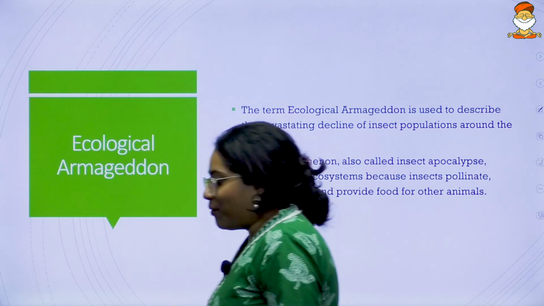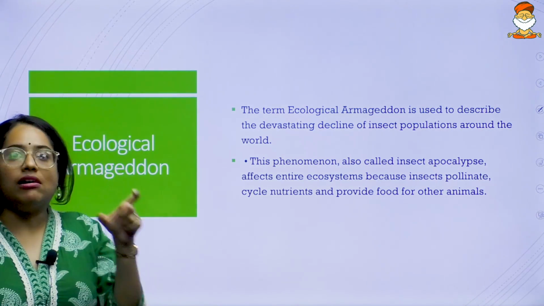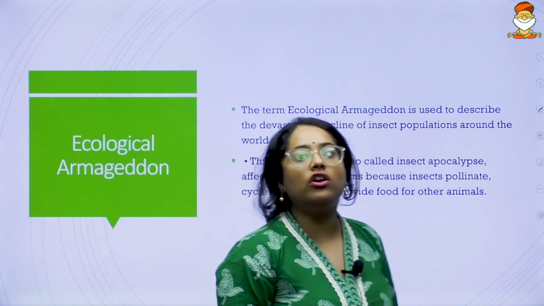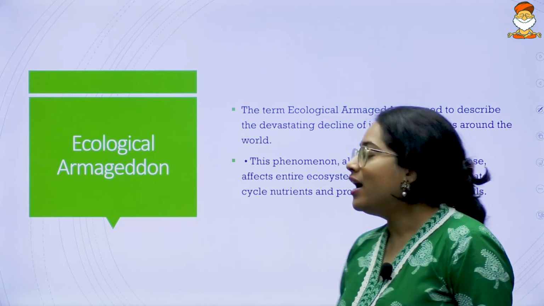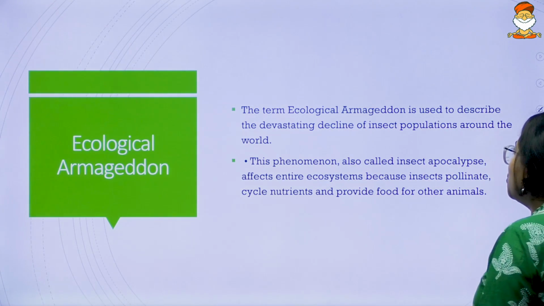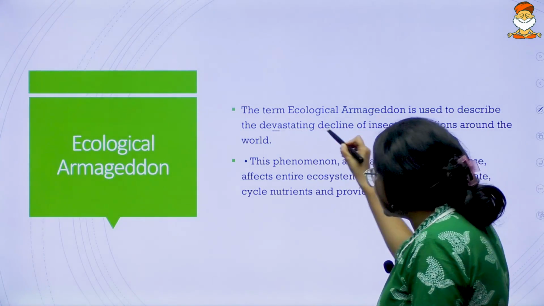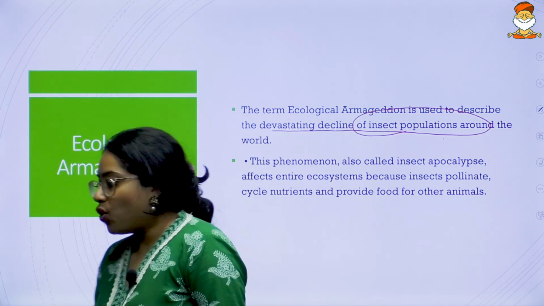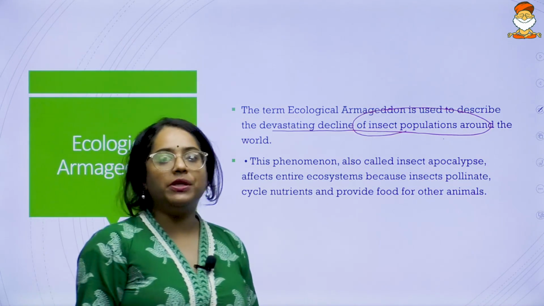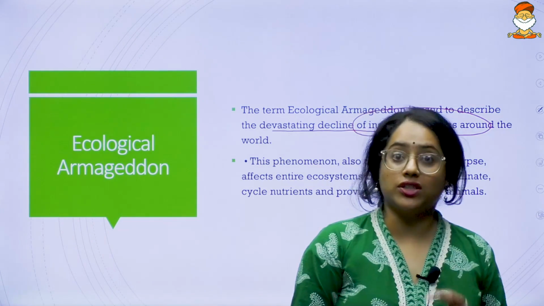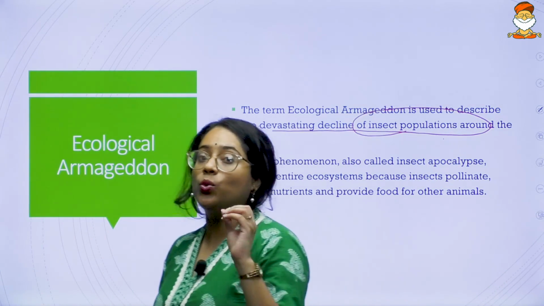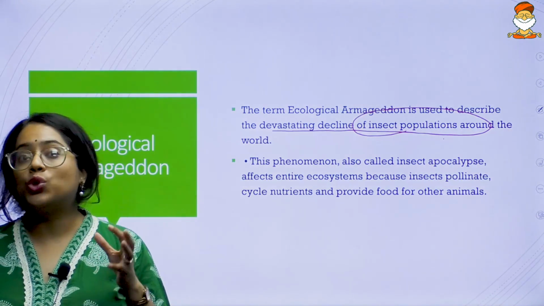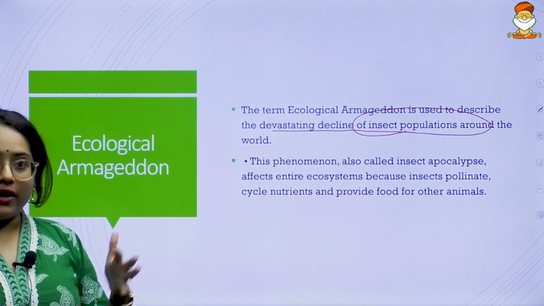The next thing that I want to talk about is an ecological term. It's called Ecological Armageddon. Ecological Armageddon is used to describe the devastating decline of insect populations around the world. As you know, a large majority of the species that occur in terrestrial landscapes belong to the phylum Arthropoda, and that is primarily your insect population.